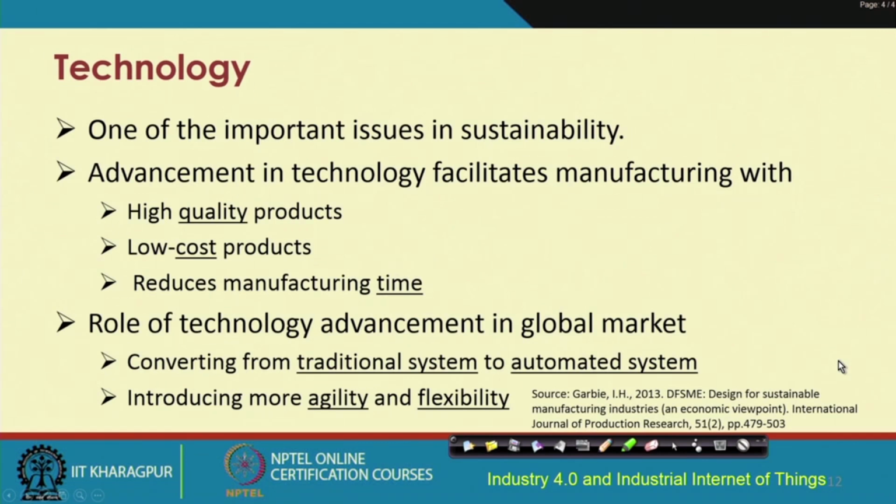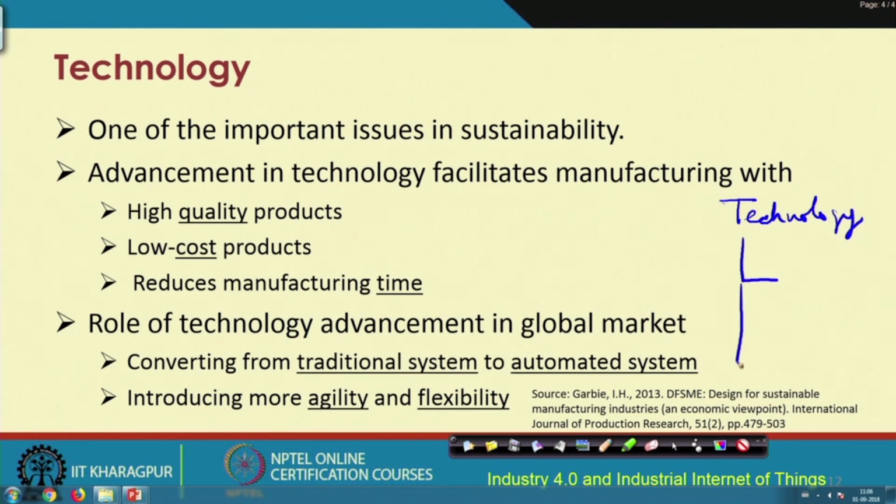So, the first one is technology. Technology considerations are very important. If we are talking about technology, let us say technology broadly can be classified as hardware and software.